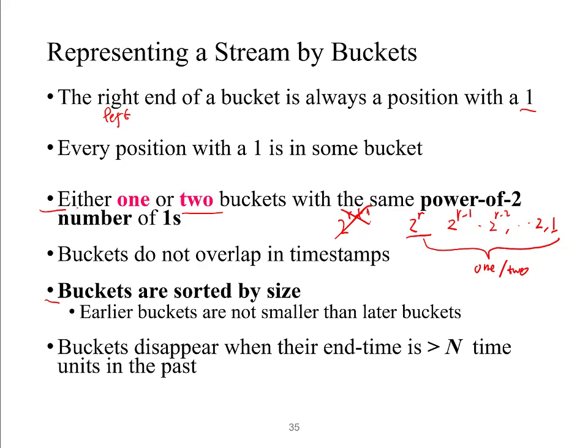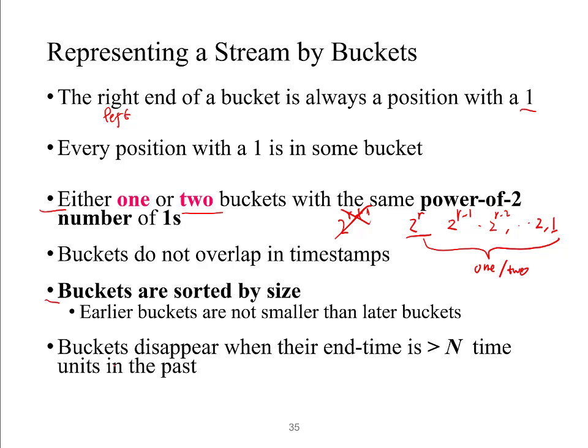So when we say either 1 or 2 buckets, we actually mean those with r that is smaller than or equal to the largest r in this window. Now the buckets disappear when their end time is larger than n time units in the past.